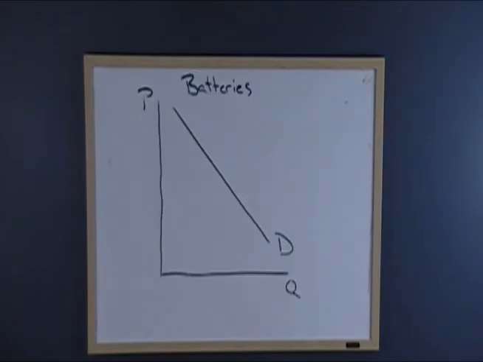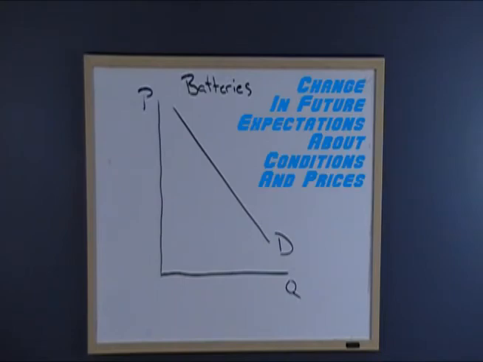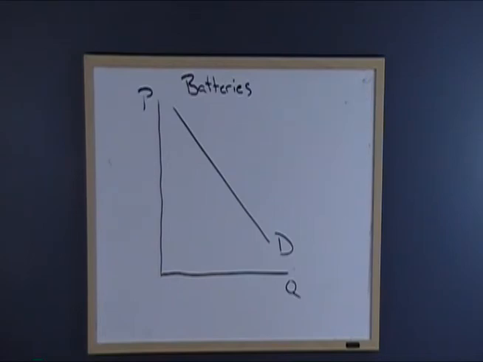Our fourth factor in what can shift demand curves are changes in expectations about future conditions and prices. Now, prior to this recording, this past week, we had Death Storm 2011. The big snowstorm came around on Wednesday, and a whole bunch of snow fell. Earlier in the week, Sunday, Monday, Tuesday, stores were packed. People knew there was a forecast that there is a big snowstorm coming.